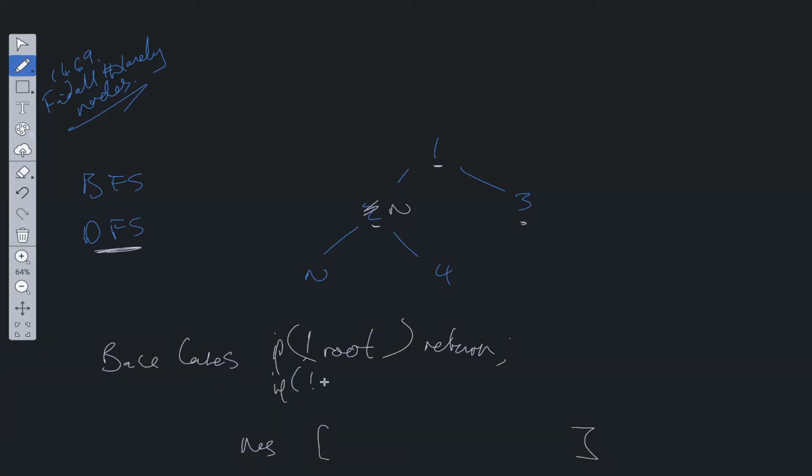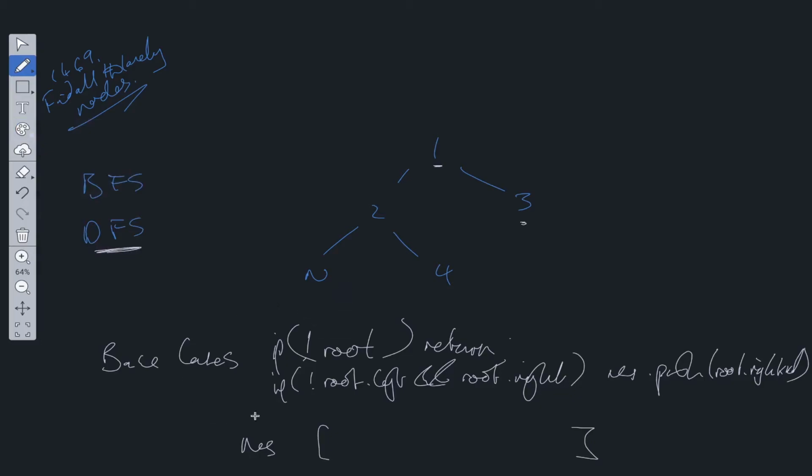So if root.left is equal to null and root.right is available, we push into res, so res.push root.right.val. And then we need one more base case for the opposite. So if root.right is equal to null and root.left is available, we just push into results the left value. So we do the opposite of this.